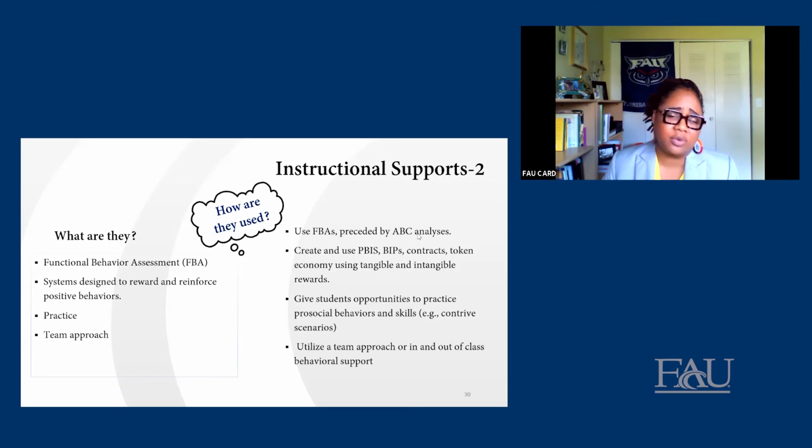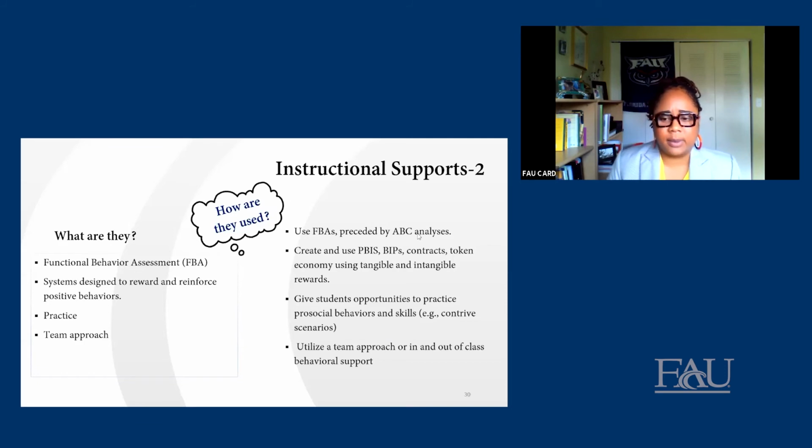We want to give children opportunities to practice pro-social behaviors and skills, even if we have to create those situations, contrive those scenarios. Role play, we're modeling, we're practicing, we're making up, we're setting up, we're sabotaging the environment so that they are prompted to ask to enter a social play situation or to ask to leave a social play situation.